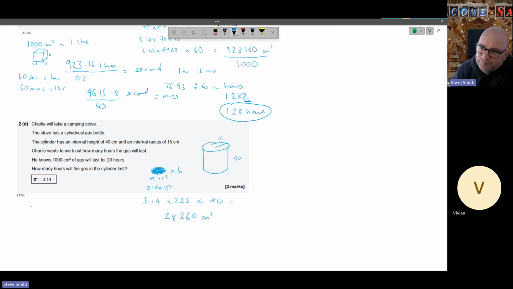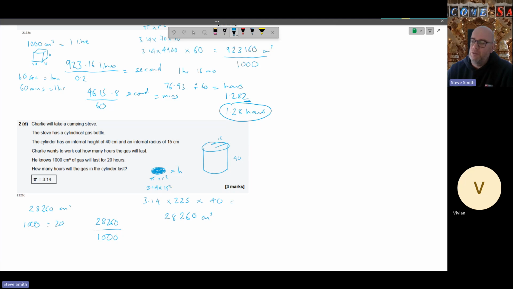It's saying here that for every 1,000, yeah, that's the volume, for every 1,000, we've got 20 hours. So we're going to divide this number by 1,000, not for how many hours, but for how many lots of 20 hours we need.